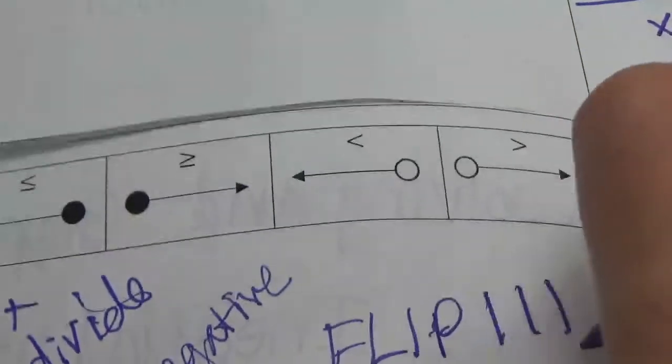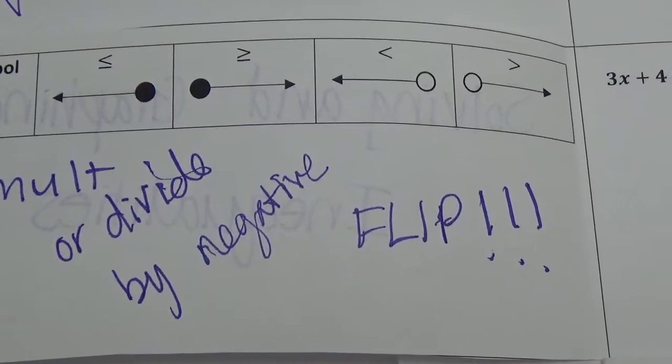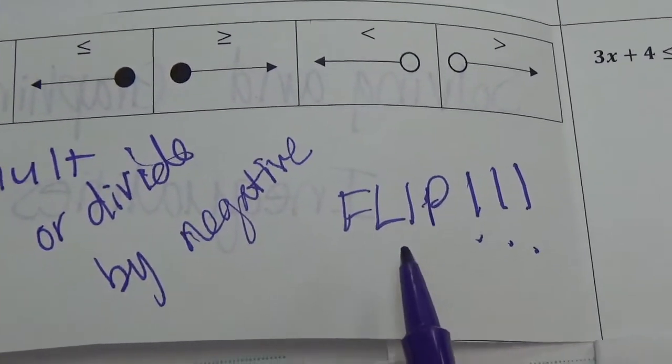All right, so if we are going to multiply or divide by a negative, we will flip the inequality symbol.